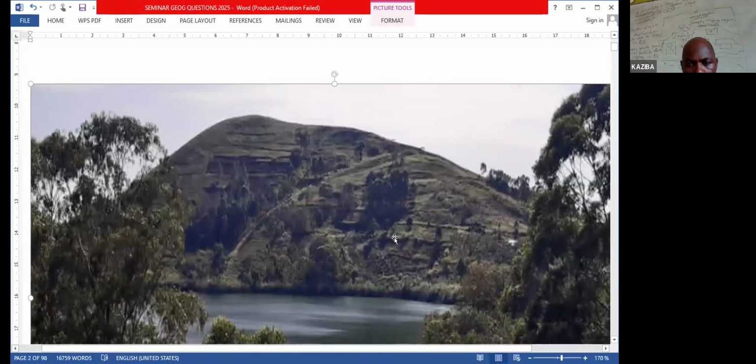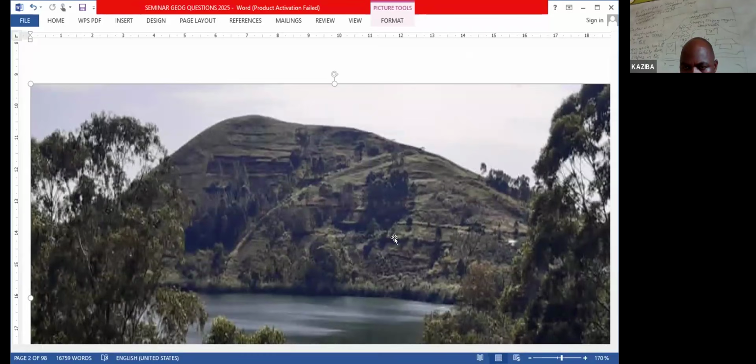So you begin by identifying the feature if you're answering the question. If they say account for the formation of the feature, you begin by identifying the feature. If you begin by saying the feature is formed, the feature was formed, you don't get marks. You say the feature in the photograph is an upland, or it's a hill.